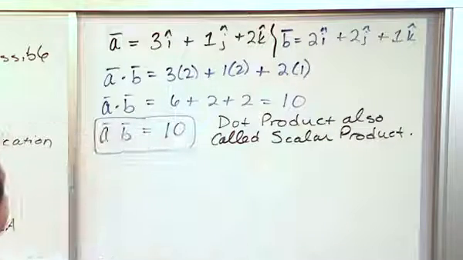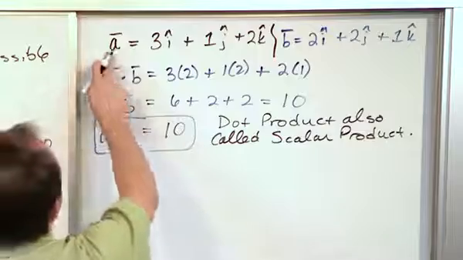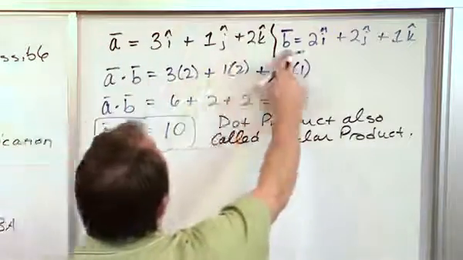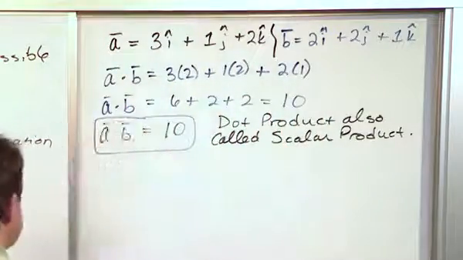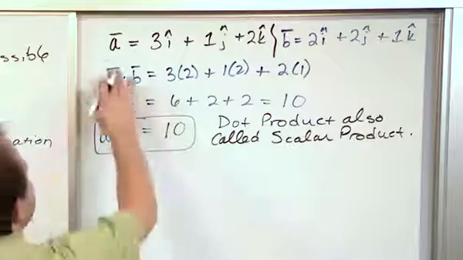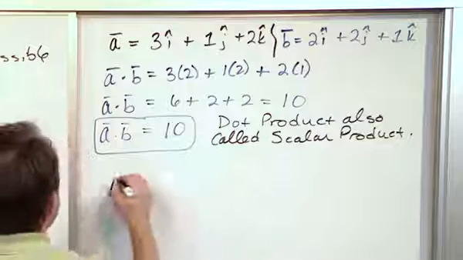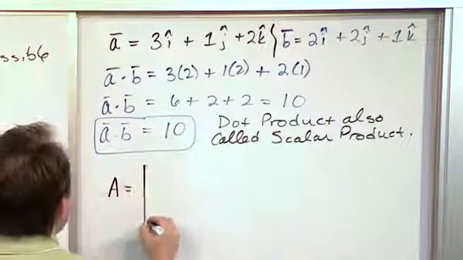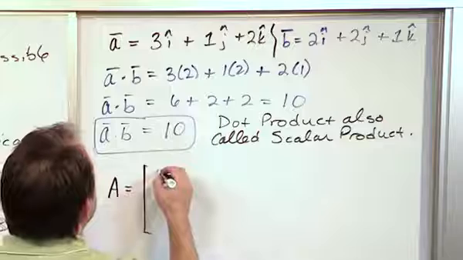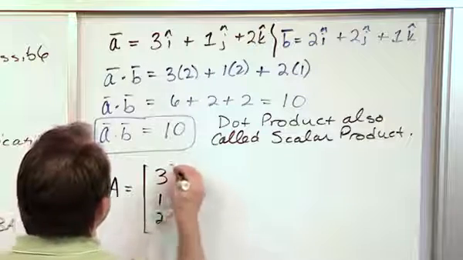Notice that vector A has a bar, lowercase a with a bar, lowercase b with a bar. If I wanted to represent vector A in terms of its matrix representation, I could call it big A, and I'm going to represent it as a column matrix 3, 1, 2.